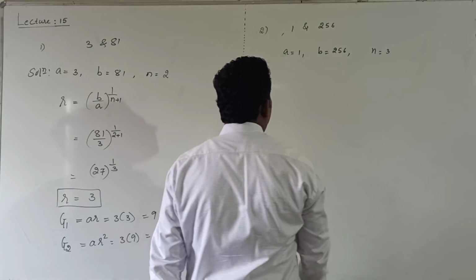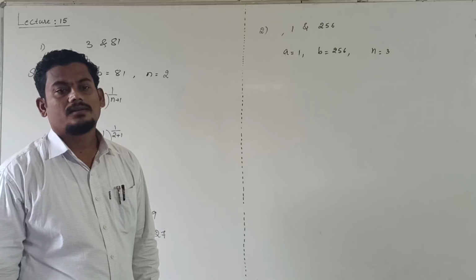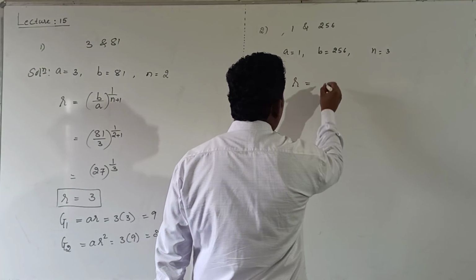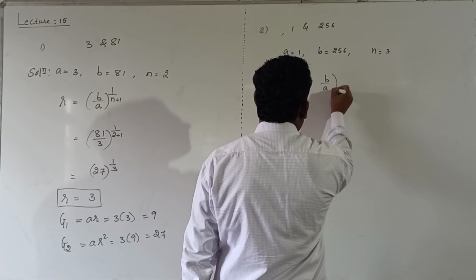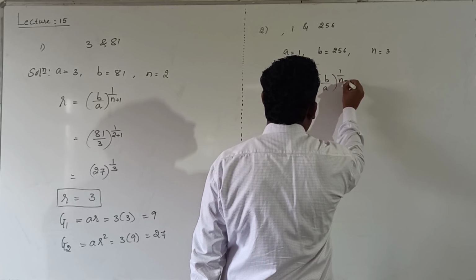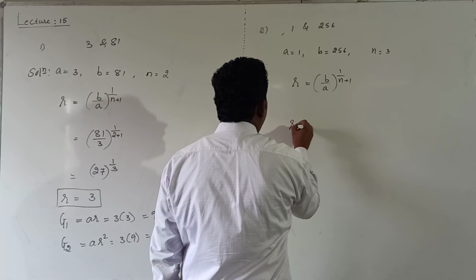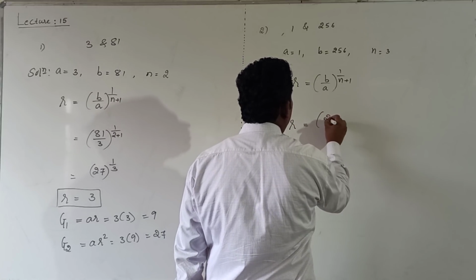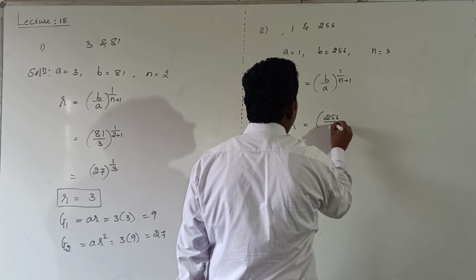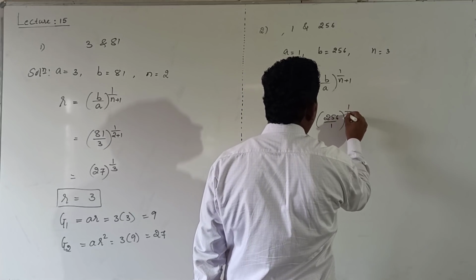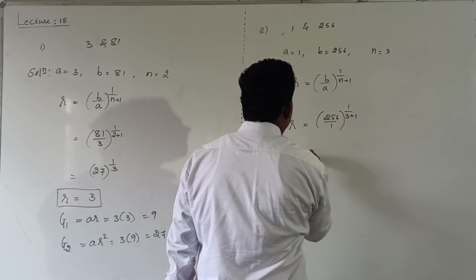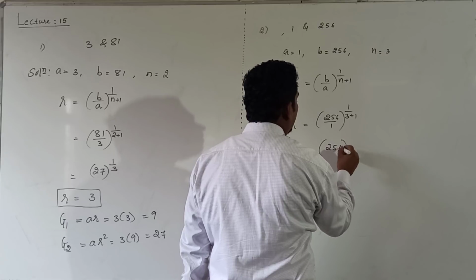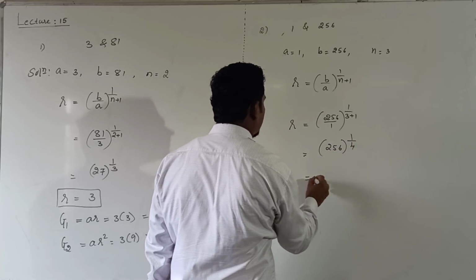Now define r value. R is equal to b by a whole thing power 1 divided by n plus 1. Now r is equal to 256 divided by 1 whole thing power 1 divided by 3 plus 1. That's equal to 256 whole thing power 1 by 4.